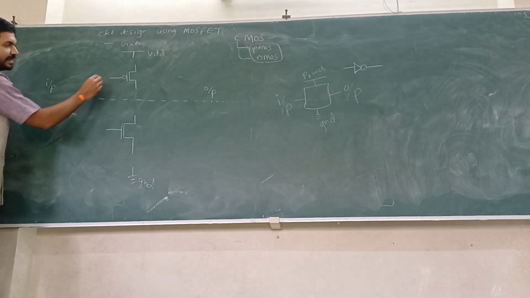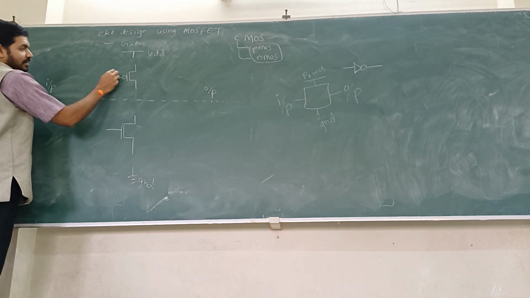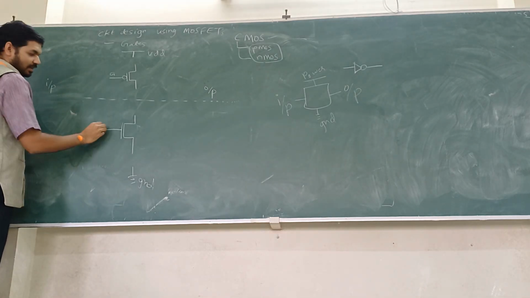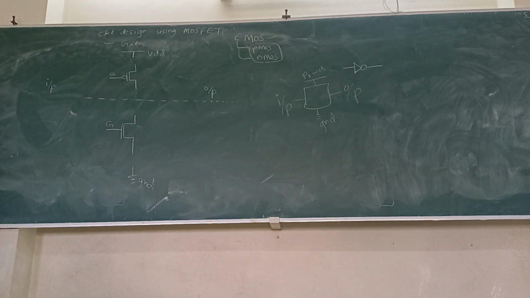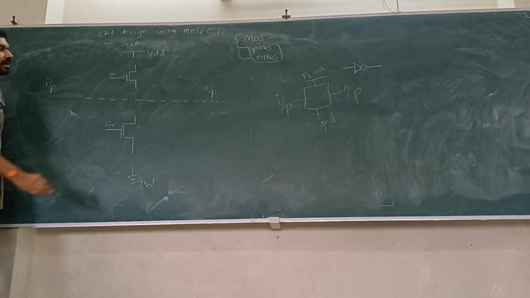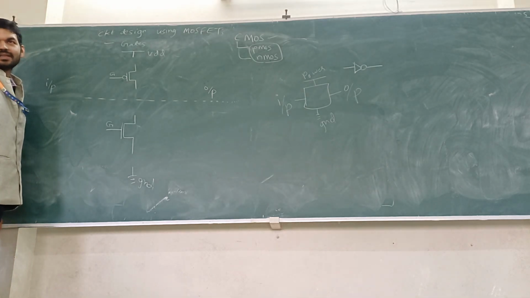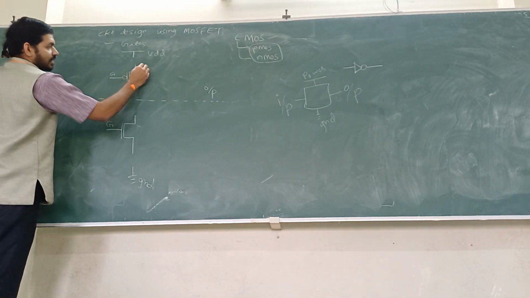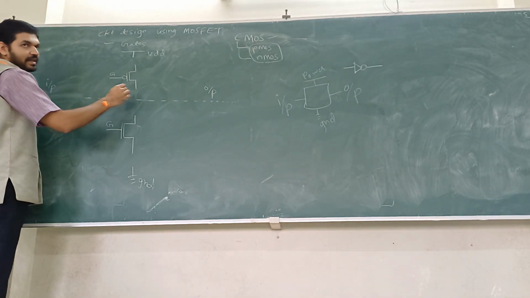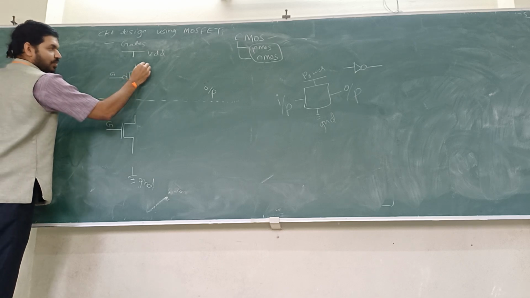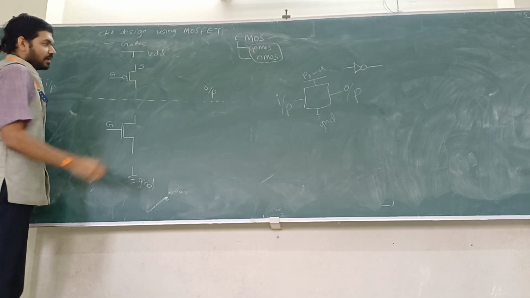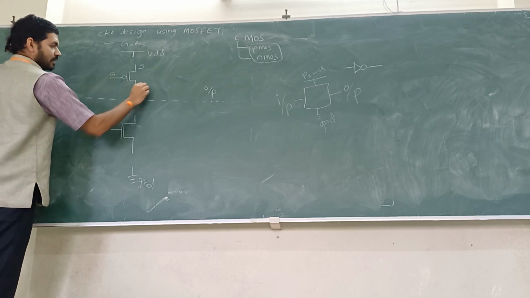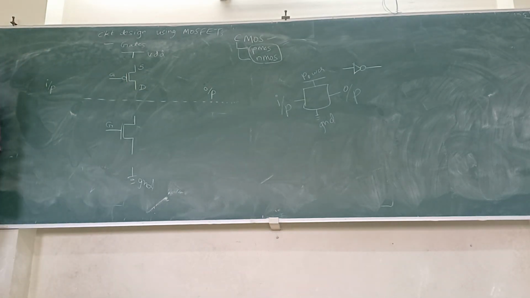Now here this we can easily write. This is nothing but the gate terminal of the MOSFET, and source and drain. Wherever we write P MOSFET, the source will be near the VDD, and the drain will be the other terminal.